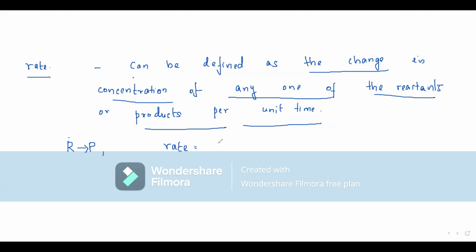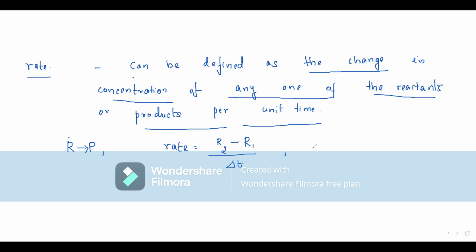So the change in concentration is R2 minus R1 and the time taken for the change is delta T. Here, just because the concentration of reactant is decreasing, R2 is definitely lesser than R1.